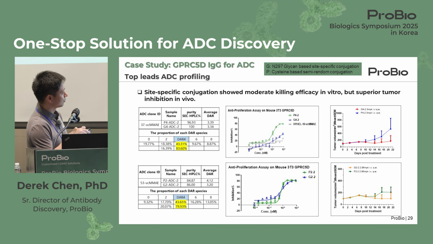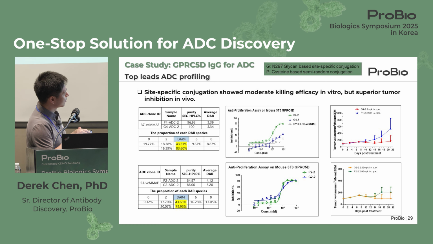The P stands for the cysteine based semi-random conjugation, and the G stands for the glycan side chain based site specific conjugations. And first, we evaluate the distribution of species of the ADCs in different DAR range from 0 to 8, DAR 0 to DAR 8.